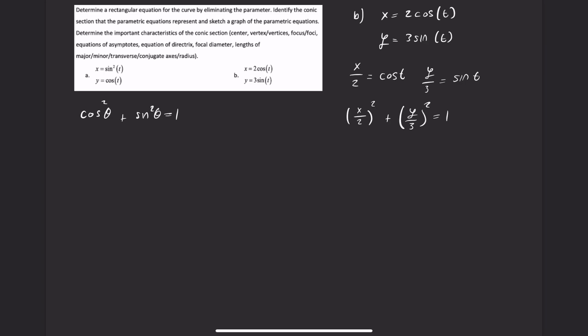Now, this substitution is valid because since cosine t is equal to x over 2, we're just substituting in the values. Okay, now we simplify: x squared over 4 plus y squared over 9 equals 1. So this equation should be familiar. This is an equation of an ellipse. Okay, so now we can get rid of this.